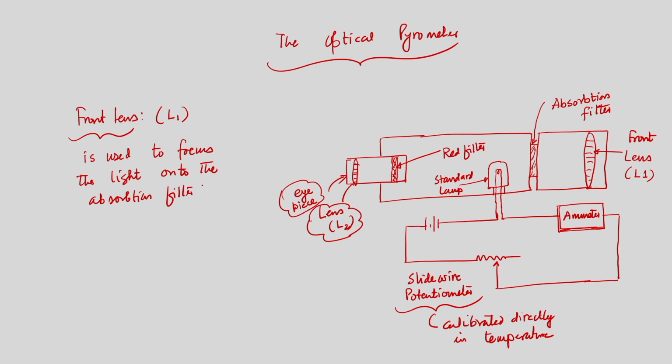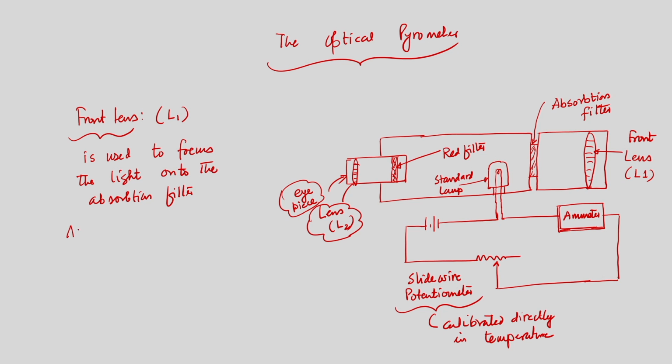As I said, this method can be used to measure the temperature of a particular point or object only if that object or point produces visible light. So, when the light comes, it is taken into the front lens first, and the front lens focuses the incoming light from that particular point or object where we would like to measure the temperature. That lens focuses the light onto the absorption filter. So, this is the objective of the front lens.